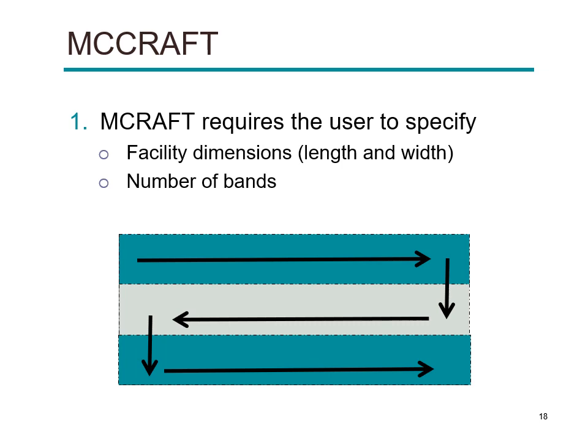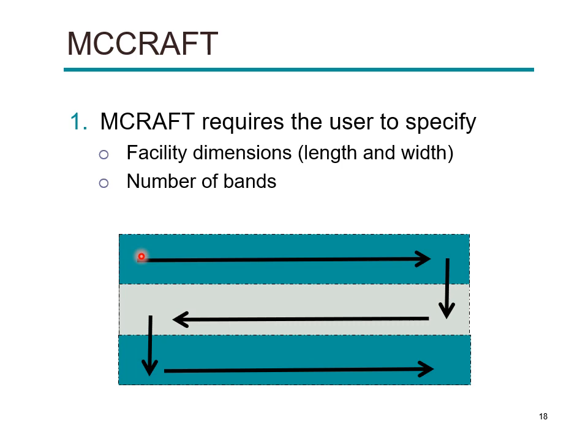In order to run MCCraft, it requires the dimensions of the facility in terms of length and width from the user, and it requires the number of bands, again from the user. For example, if the number of bands is 3, it means that it divides this width into 3 bands.